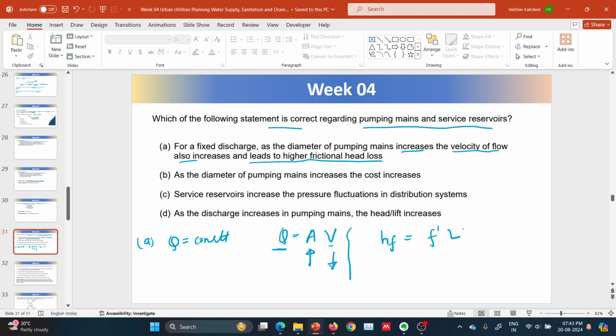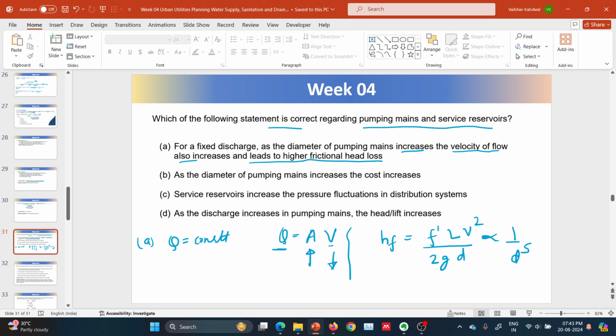f L v square divided by 2 g D. If we solve it, it will come out as d to the power 5.